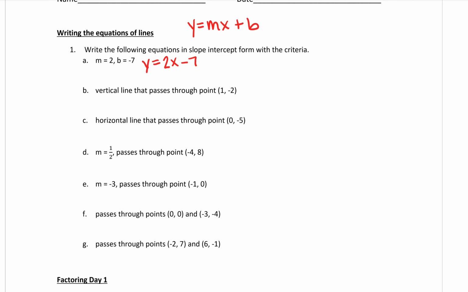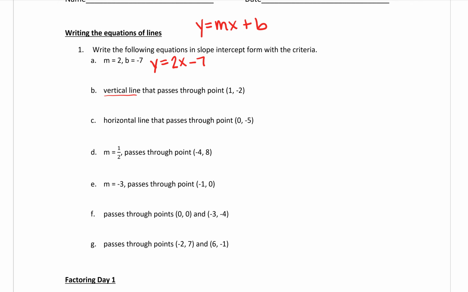All right, B, it says we have a vertical line that passes through the point (1, -2). So to give you a nice little visual, I'm going to draw a graph. If I remember, a vertical line goes up and down. So I have my line that goes through it, and if I notice, it only goes through the x-axis.